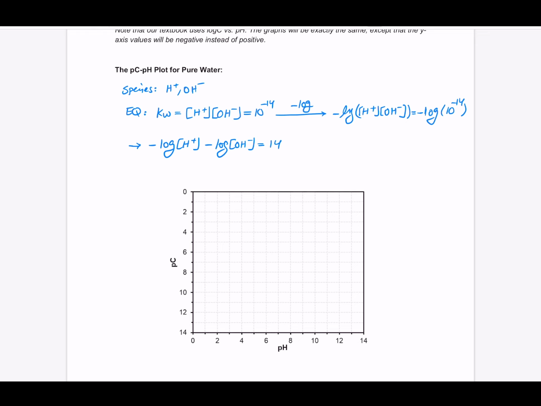So what we see here is this term is pH, and this term with the negative sign would be pOH. So pH plus pOH is equal to 14. Now we have a line for pOH. pOH is basically 14 minus pH.